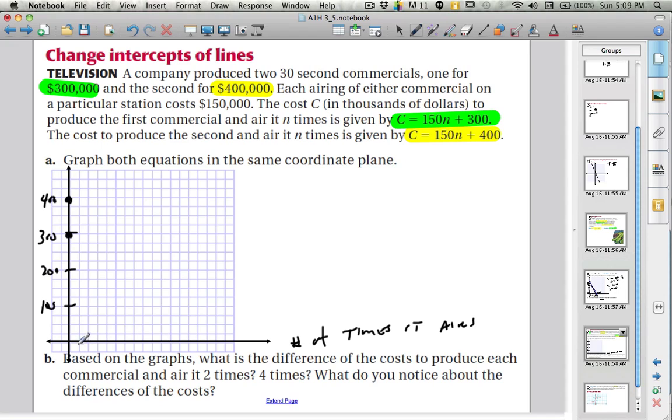So we're really looking at 1, 2, 3, 4. Let's call that 1. 1, 2, 3, 4. That's 2. 1, 2, 3, 4. That's 3. So if we look at what it costs, from the 300, when I air it one time, it costs 150. Okay, that's what that looks like.